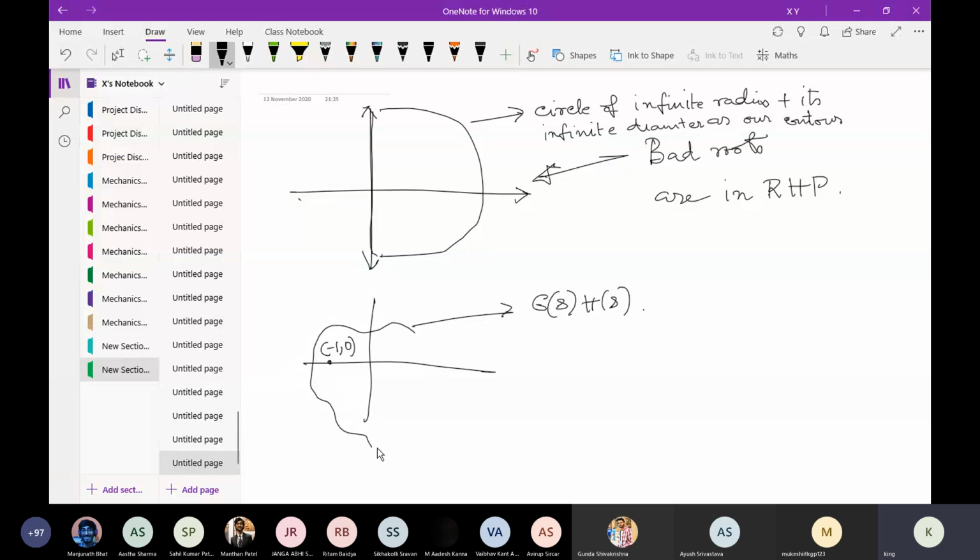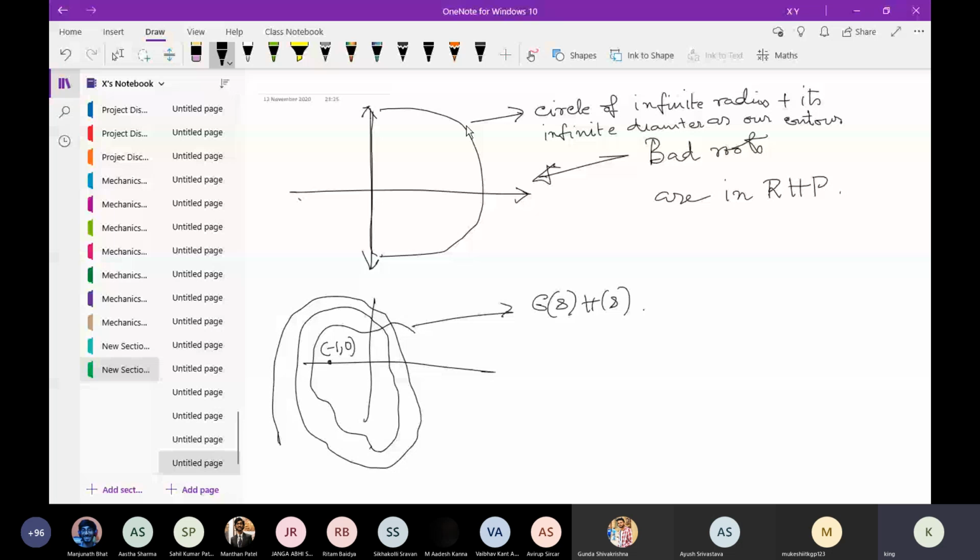We can immediately find out how many times does the root lie by checking how many times this whole plot completes the encirclement of this -1, 0 as my S moves along this.